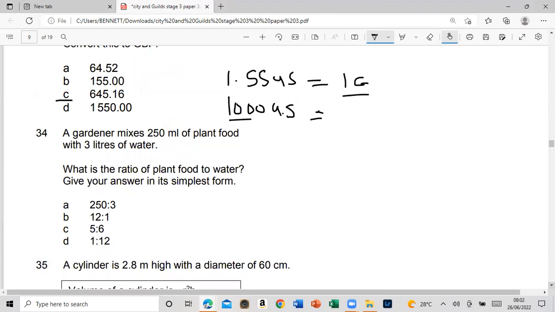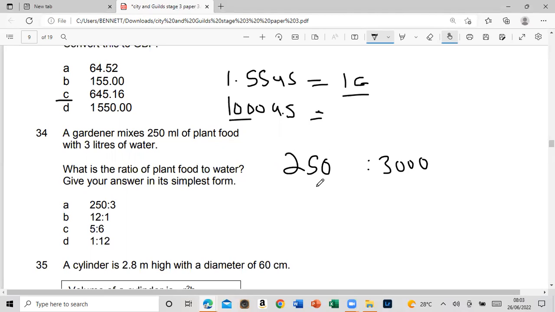A gardener mixes 250 milliliters of plant food with 3 liters of water. What is the ratio of the plant food to water? All right. So it's plant food at 250. So 3 liters, now 3 liters would be 3,000 milliliters, right? I was saying that earlier, 1,000 milliliters.